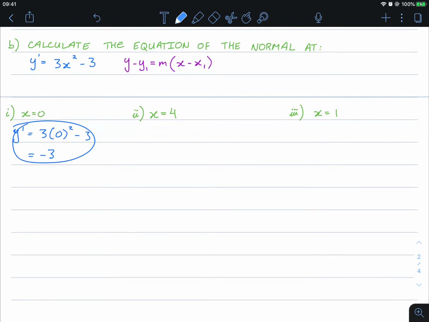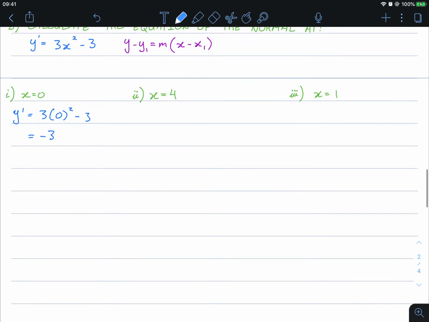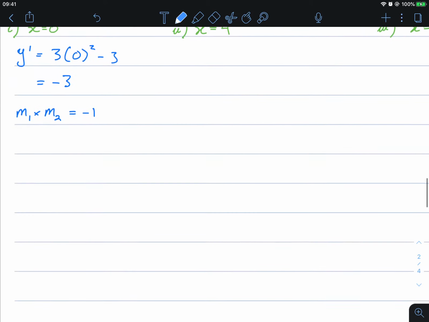So this here is the gradient of the tangent. Since we're looking for the gradient of the normal, and the normal is perpendicular to the tangent, I hope you remember that if two lines are perpendicular, their gradients m1 times m2 should equal -1.